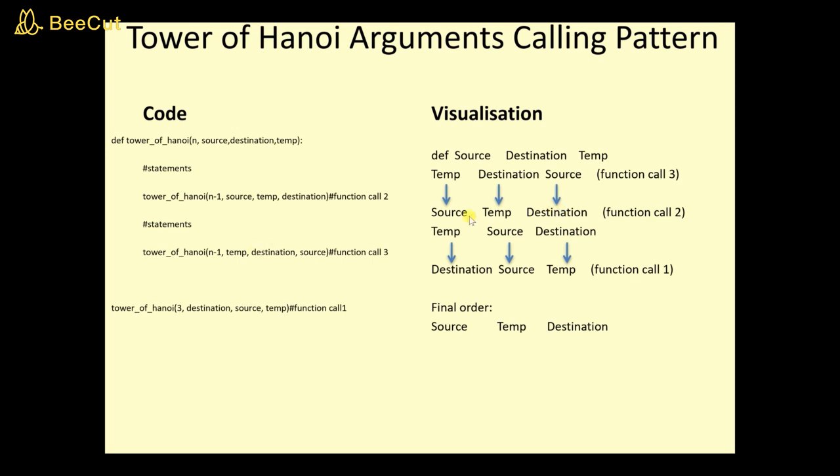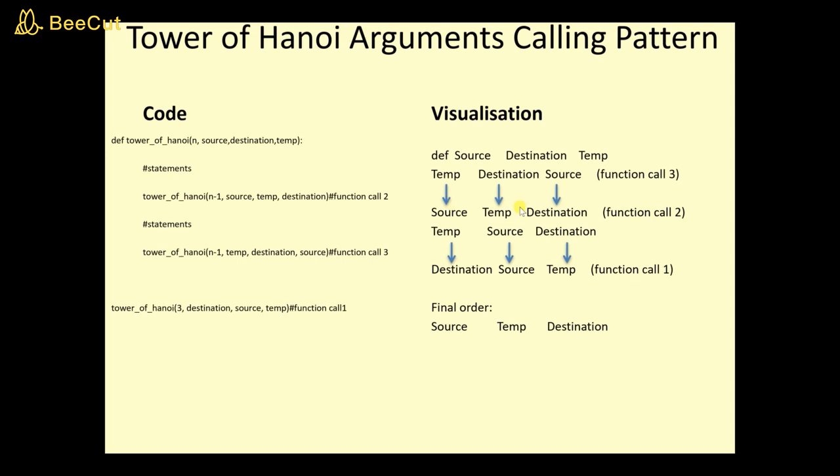We are going to write the arguments of function call 2 and function call 3 in the same order as given over here. So function call 3 is in the order temp, destination, source, and function call 2 is in the order of source, temp, and destination. Attach these values to these, and order them as source, destination, temp, the same as defined over here.